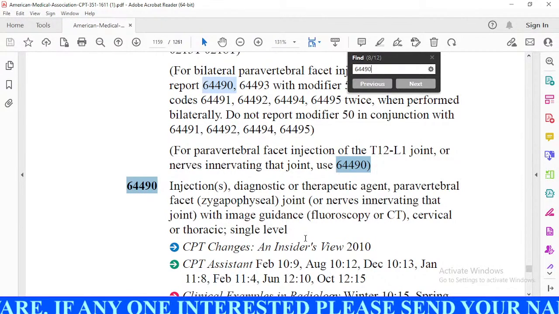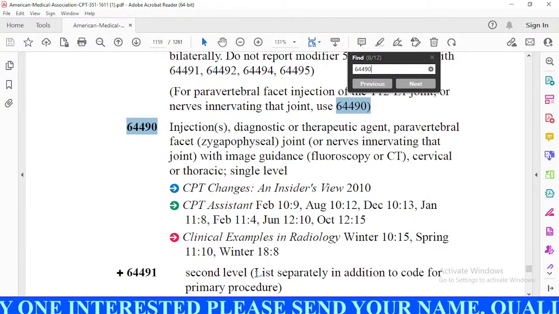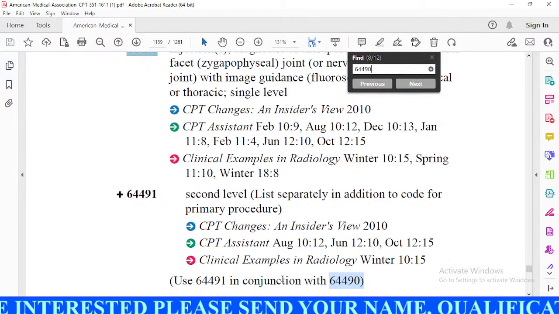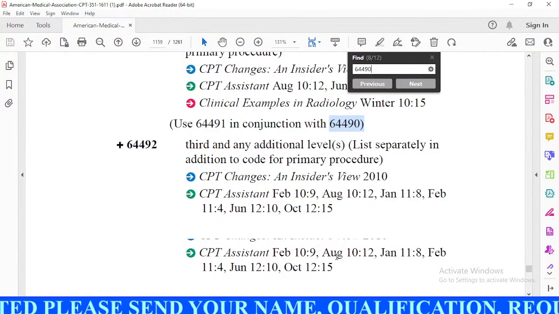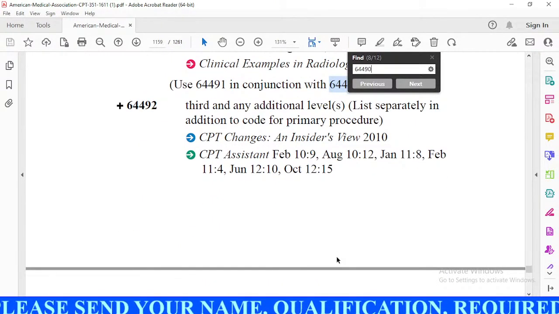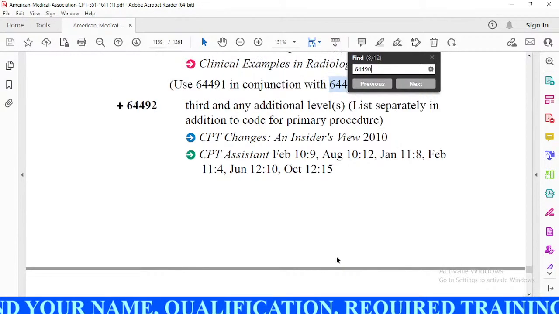So this is correct. 64491 is for the second level, 64492 for the third and any additional level, and 77003 is for fluoroscopic guidance.